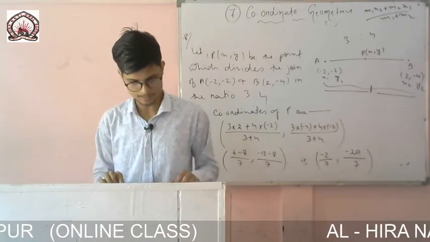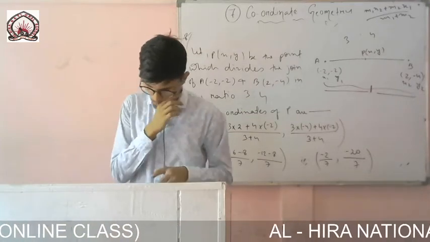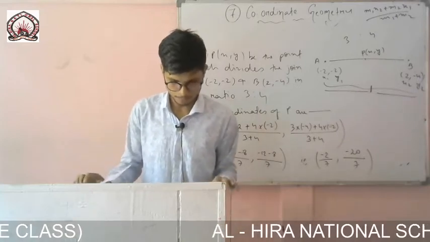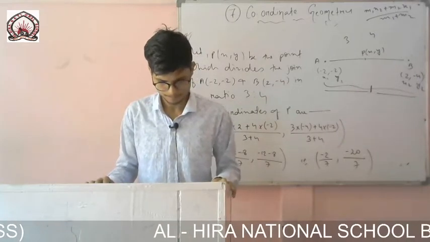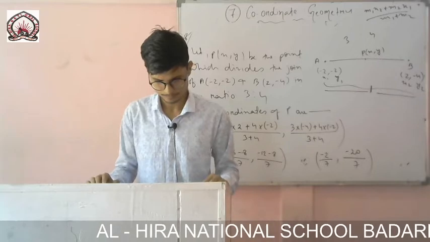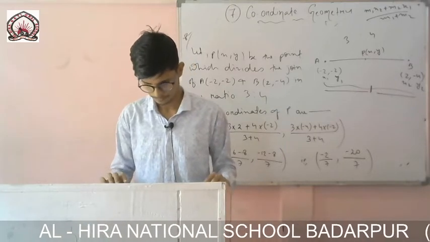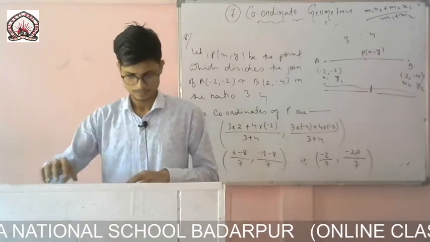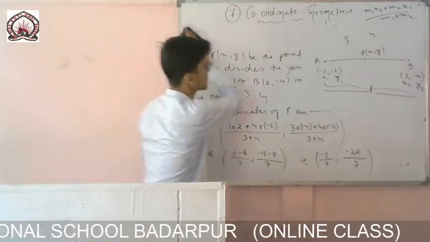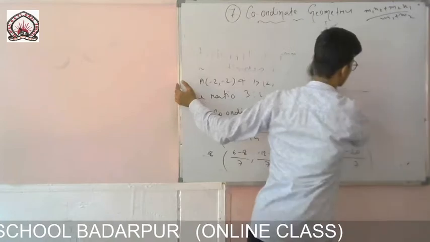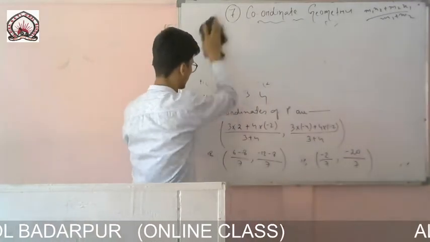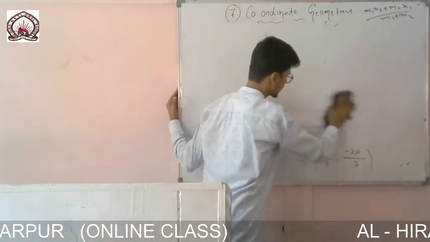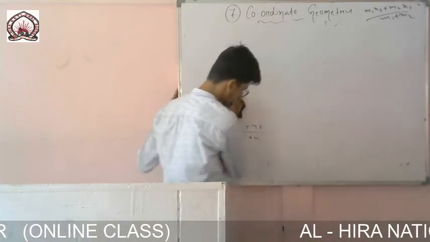Here 4 equal parts are given, that means we have to take 4 parts. I am just giving you the initial line, you will solve it by yourself. This will be the same as the earlier one you have done with trisection.